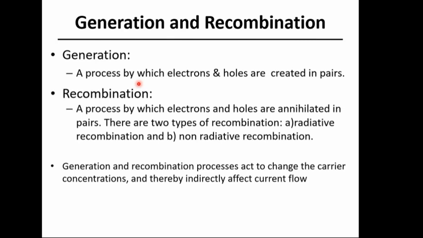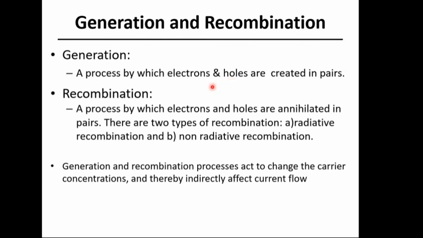By generation, we mean the process of creating electron and hole pairs. How will this be done? If an electron went from the conduction band into the valence band, occupying a vacancy, then we say that an electron-hole pair is created.